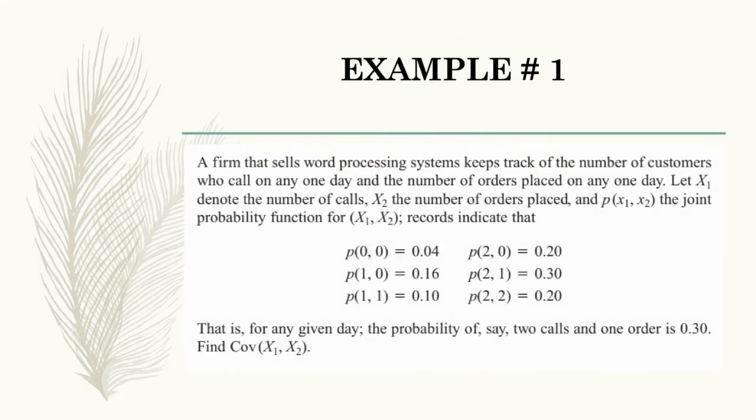As for example number 1, a firm that sells word processing systems keeps track of the number of customers who call on any one day and the number of orders placed on any one day. Let x sub 1 denote the number of calls, x sub 2 the number of orders placed, and p of x sub 1, x sub 2 the joint probability function for x sub 1, x sub 2.